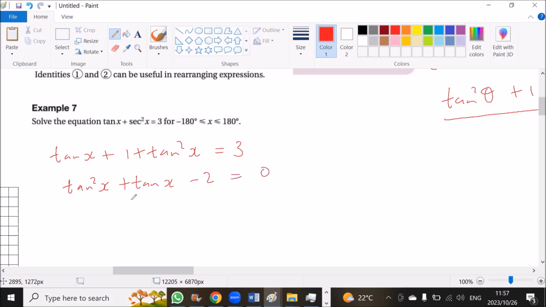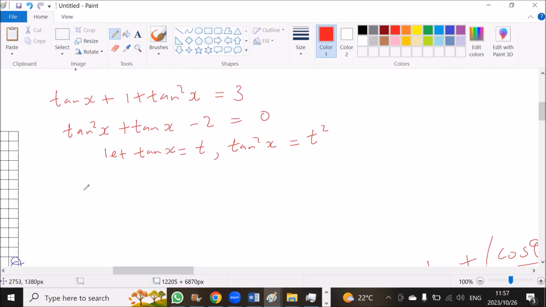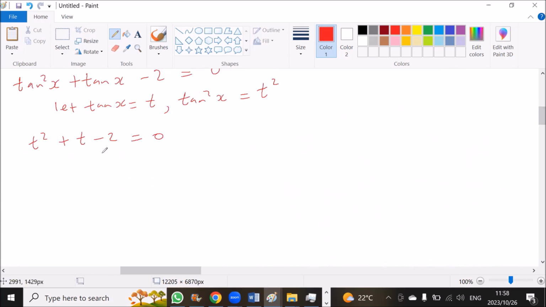Now for easier viewing, I usually say let tan x be equal to t, tan squared x be equal to t squared. Now we can say t squared plus t minus 2 is equal to 0. When I factorize this, t squared plus 2t minus t minus 2 is equal to 0. t factor of t plus 2 minus 1 factor of t plus 2 is equal to 0.